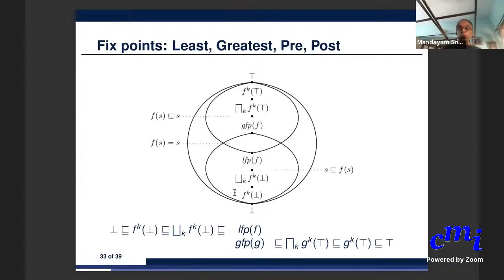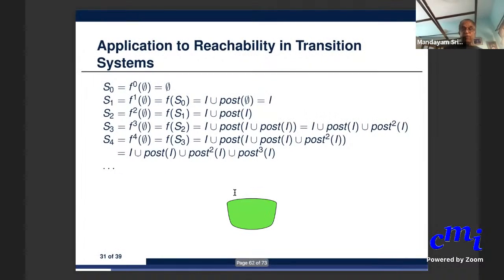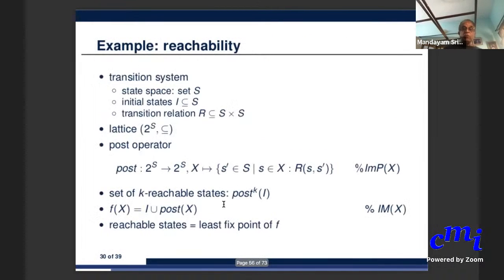you can view it as if I make F2 start not with I, but with something which is a superset of I. That will lead to a fixed point which is weaker, a weaker inductive invariant.